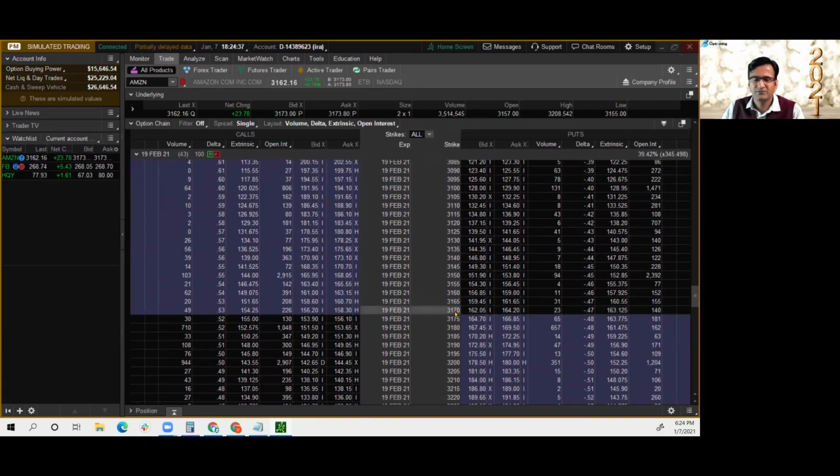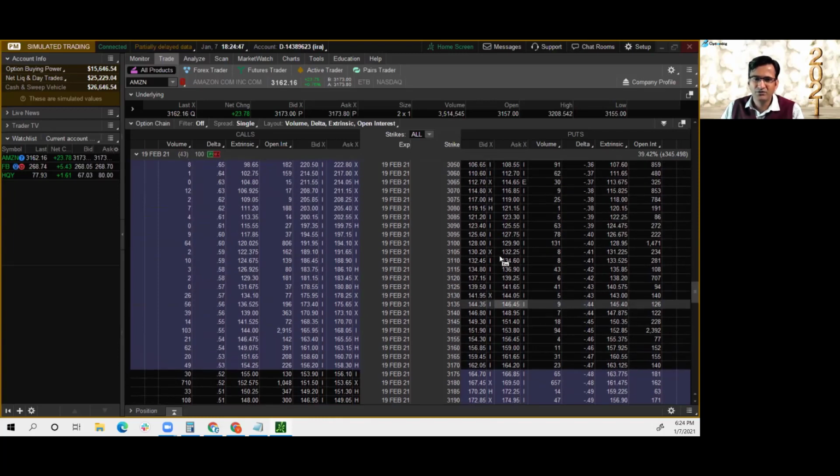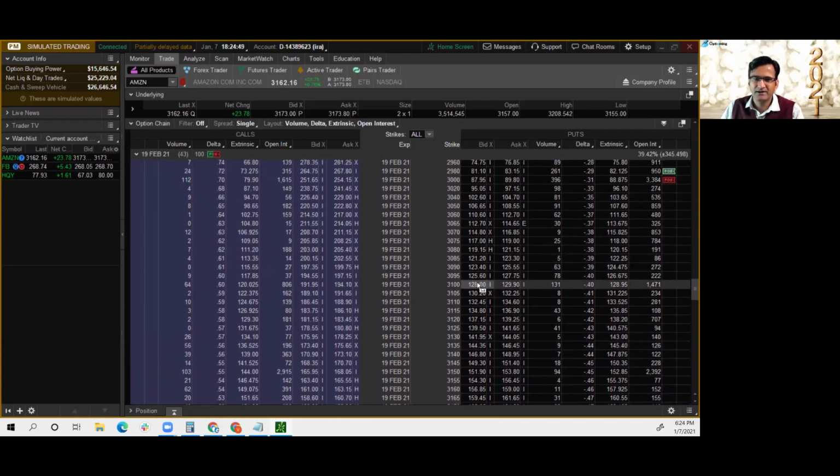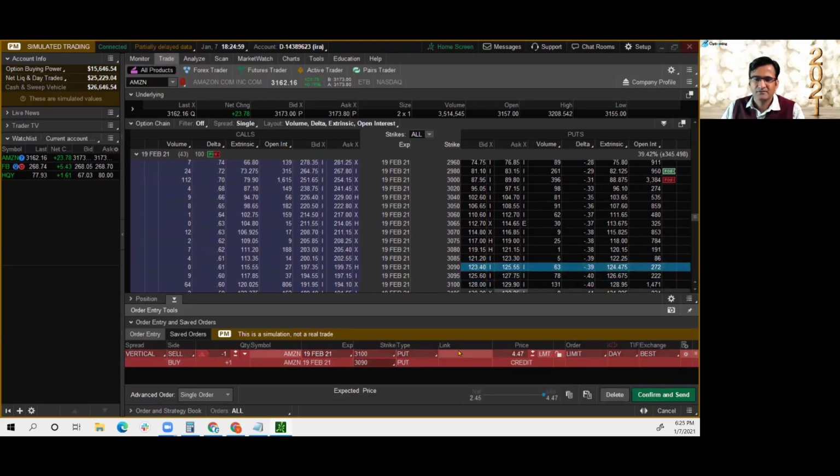Looks like after hours it moved a bit. And I'm not extremely bullish on Amazon, so I want to give myself a little more room for error. I'll go to 3,100. I sold a put at 3,100. Now I'm buying a put at 3,090. So this is my put spread on Amazon.